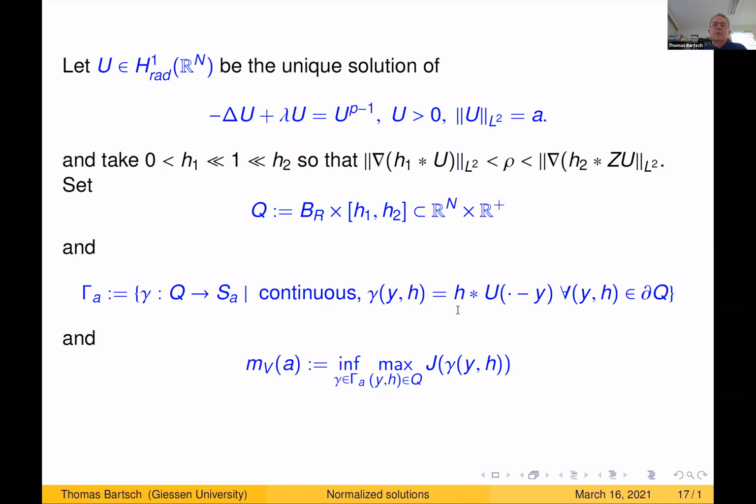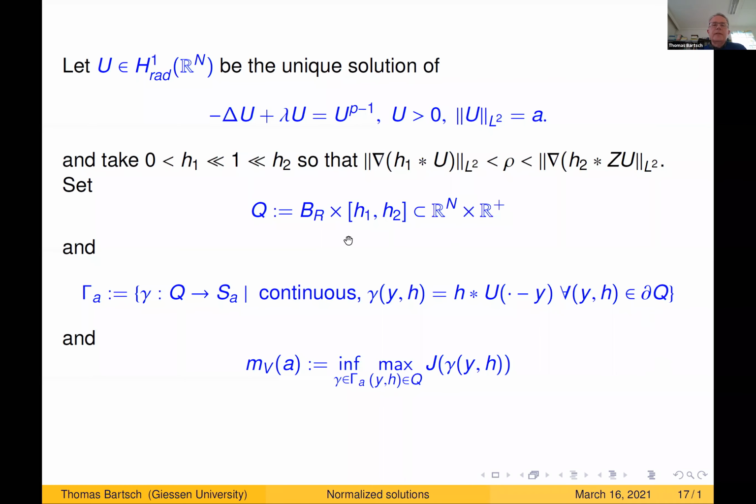So we take our solution u. If you fix y, let's say, and take h as parameter, then we almost approach a mountain path for the functional. But we make this mountain path for all y in Rn with norm y large. And we propose as a minimax value the infimum over all such continuous maps of the maximum over all y,h in the cylinder, where we evaluate J, the functional, at gamma of y,h.